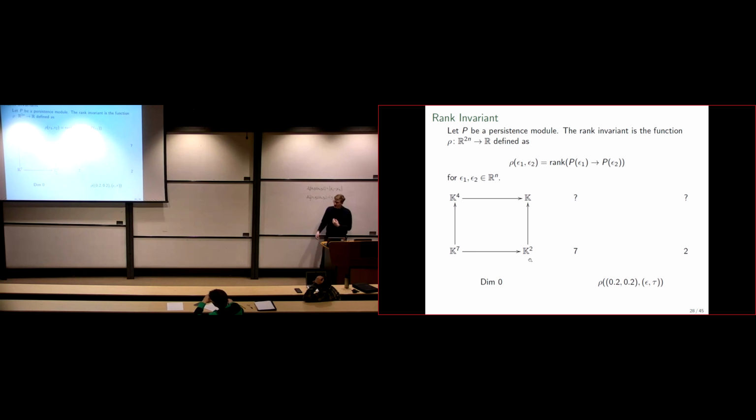And what happens algebraically with this map is that the points that are merged are in the kernel of this map. They go to 0 under this map. And so this map is surjective, because all the components that live here come from points that were in the start filtration value here. So this map has rank 2.